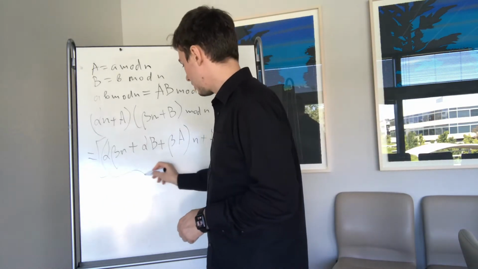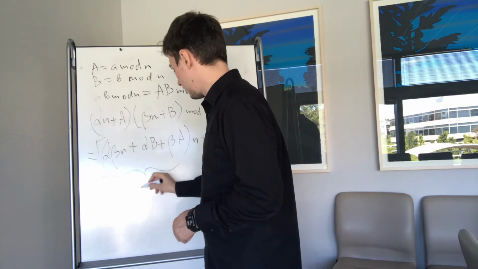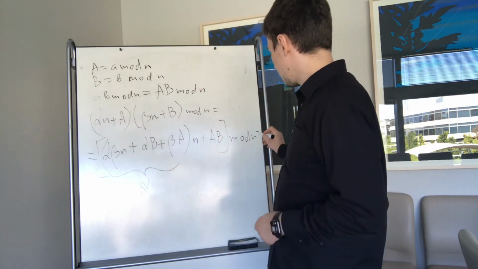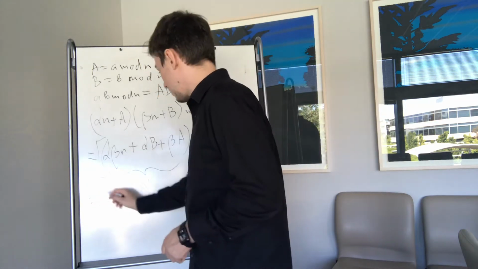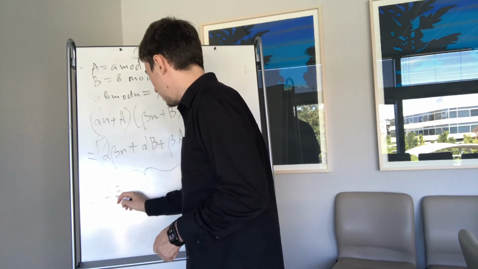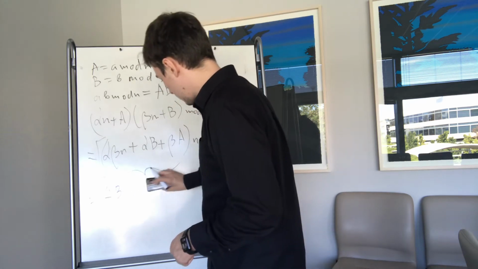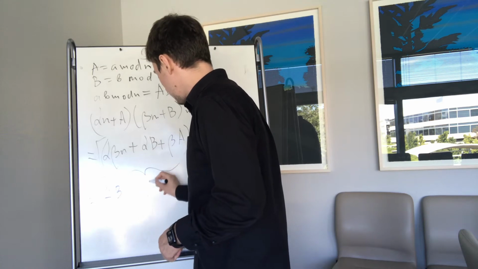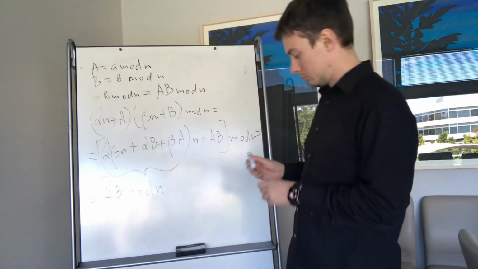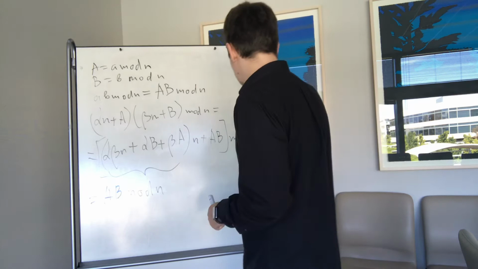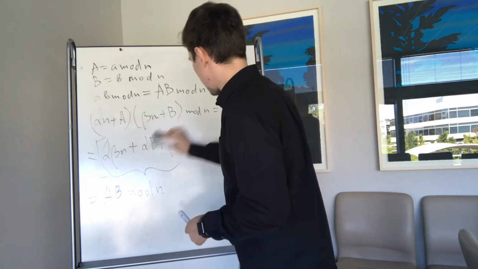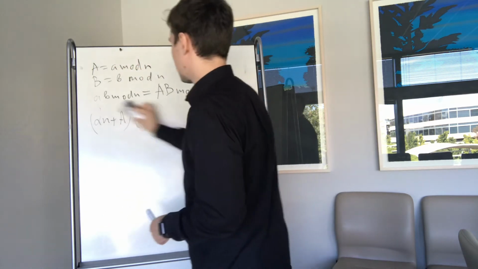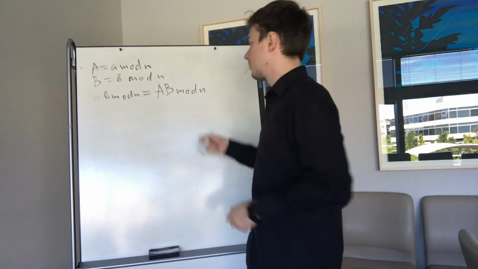As you can see, the product is a natural number. It means that this equals ab mod N, so we proved this.